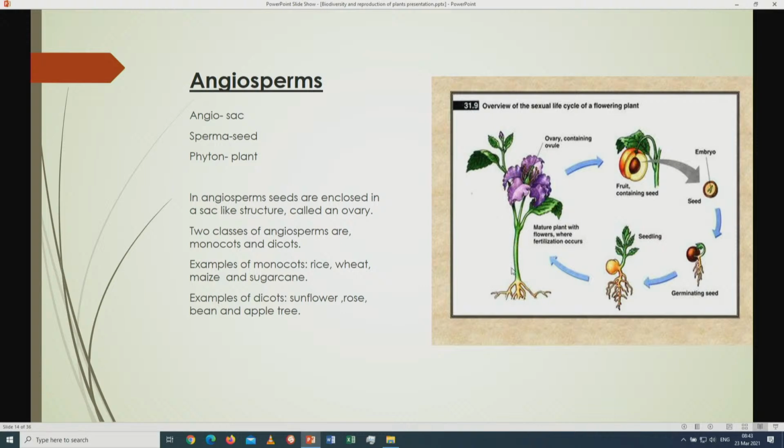This plant, as you can see, is a sporophyte. It has the roots, it has the stem, it has the leaves. And then last but not least, we have the flowers. Here, the ovule develops into a seed, and then the whole ovary will develop into a fruit.